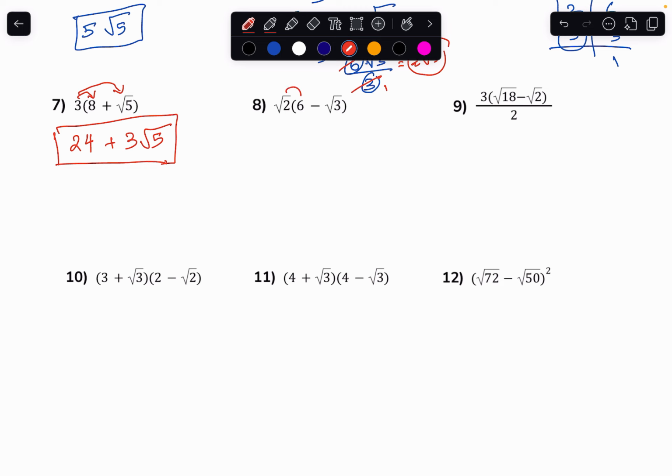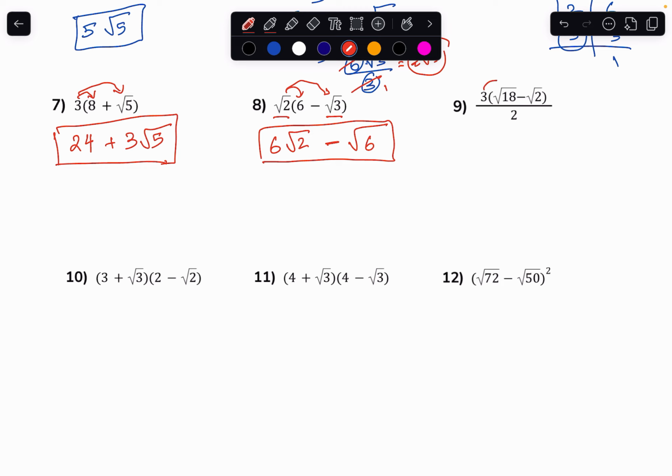Now we multiply this with this and this with this. 6 root 2 minus root 2 times root 3 is root 6. 6 root 2 minus root 6 is your final answer.